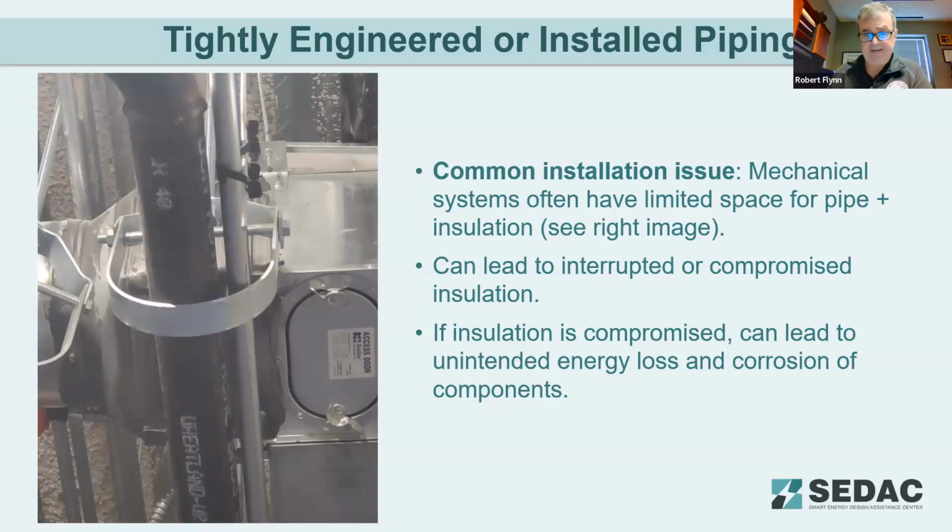That can lead to interrupted or compromised insulation. If insulation is compromised, it can lead to an unintended energy loss or corrosion of components. So this is very common when we see in ceiling plenums where space is premier and proper coordination between trades is needed to avoid this situation.